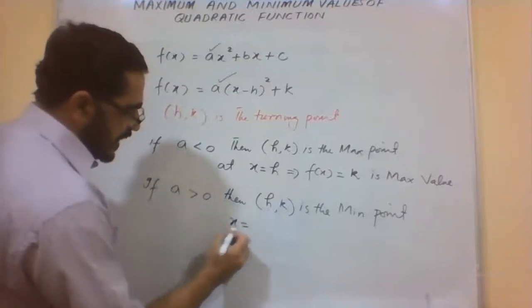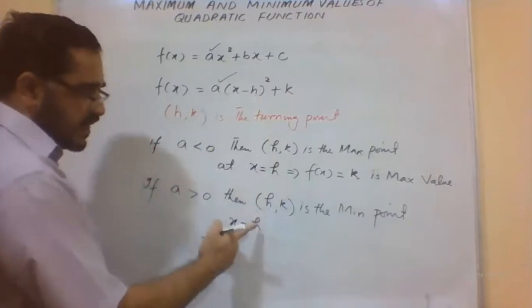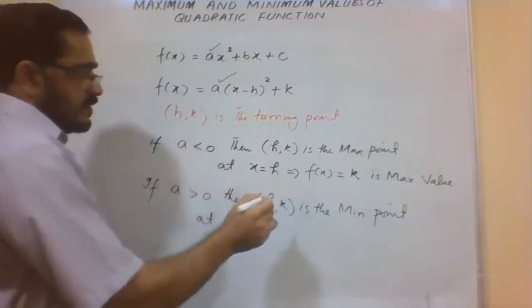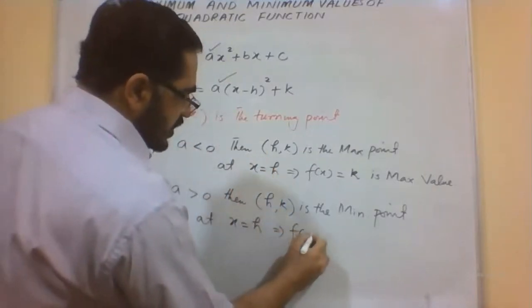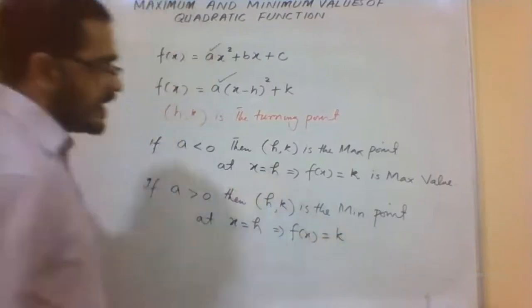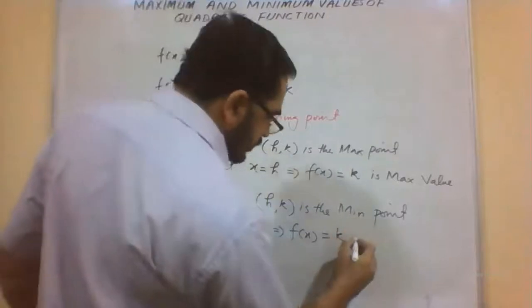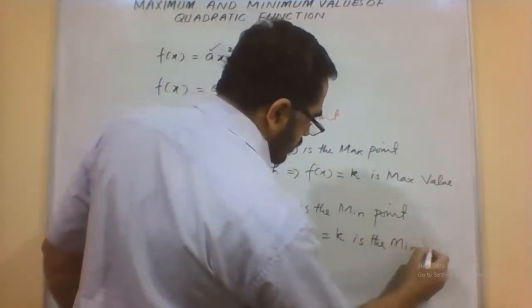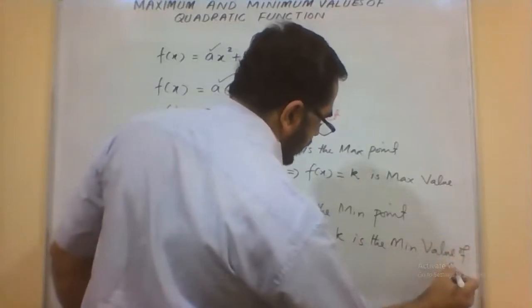Then at x equal to h, x minus h will be 0, and at x equal to h, the function f of x will be equal to k, and that value of the function is the minimum value of f of x.